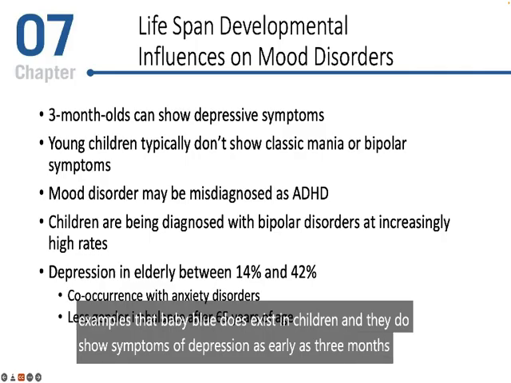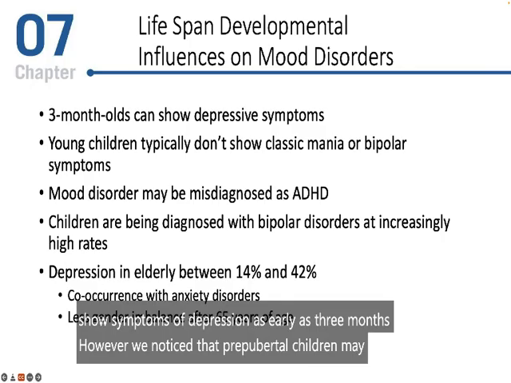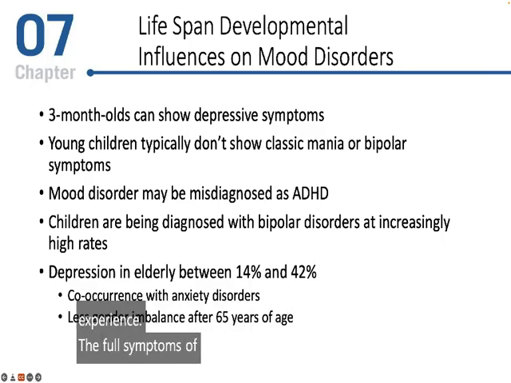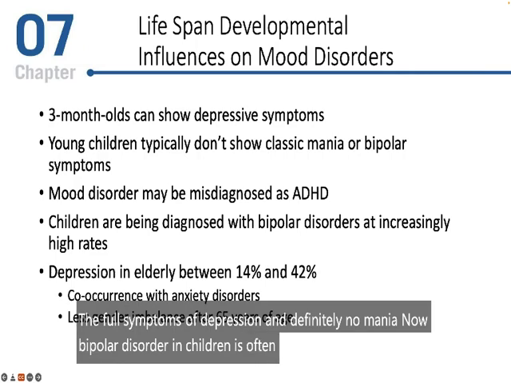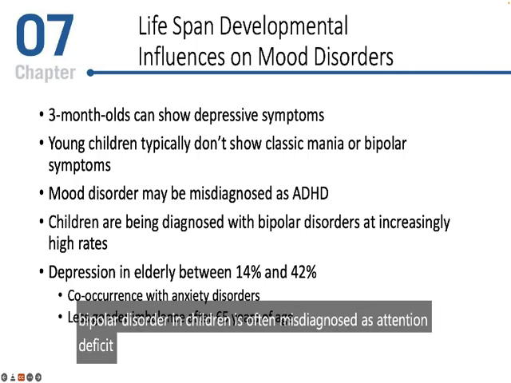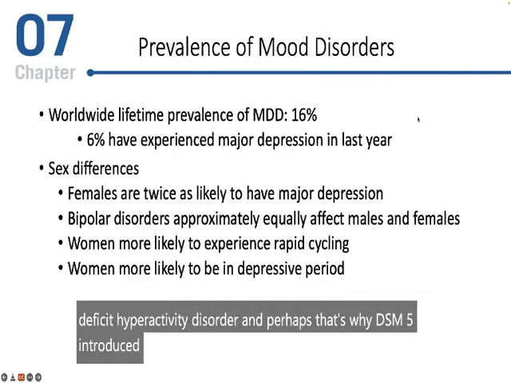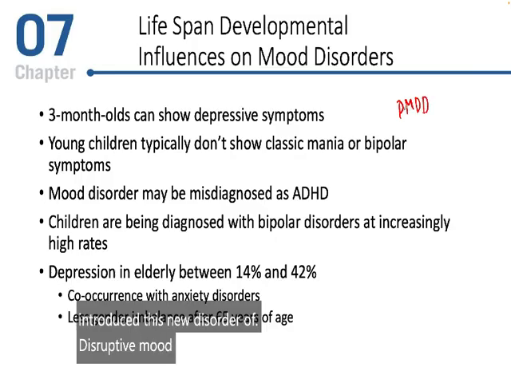However, we noticed that prepubertal children may not experience the full symptoms of depression and definitely no mania. Now, bipolar disorder in children is often misdiagnosed as attention deficit hyperactivity disorder, and perhaps that's why DSM-5 introduced this new disorder of disruptive mood dysregulation disorder.